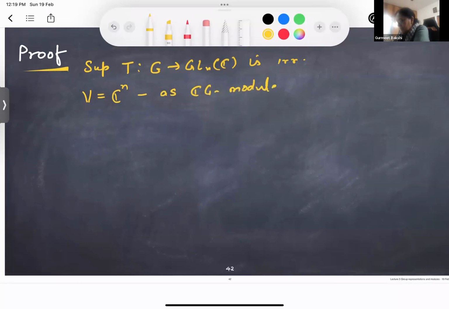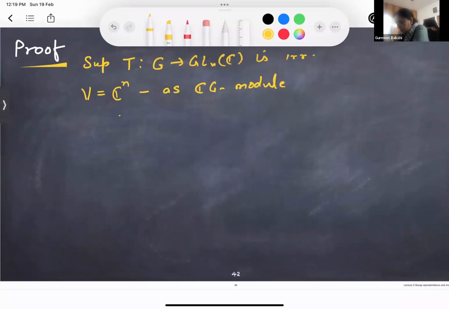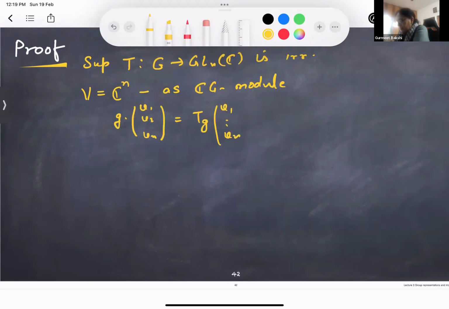As a C module, you are already familiar with it, but how is this regarded as a CG module? g times (v1, ..., vn). This is how I'm writing the elements of V, as columns. This is your matrix Tg multiplied with (v1, v2, ..., vn). Now, T irreducible implies the corresponding module is an irreducible CG module.